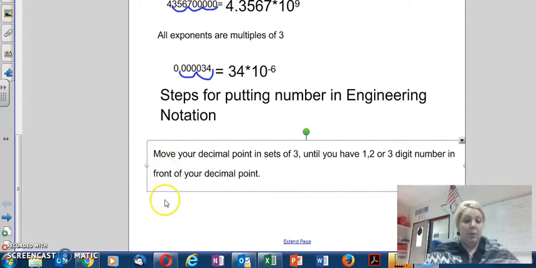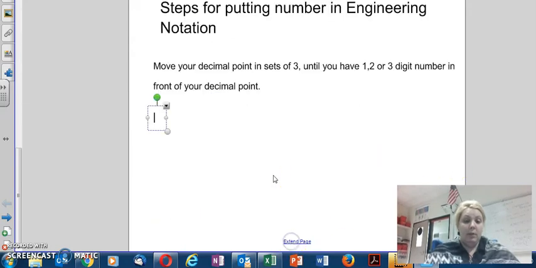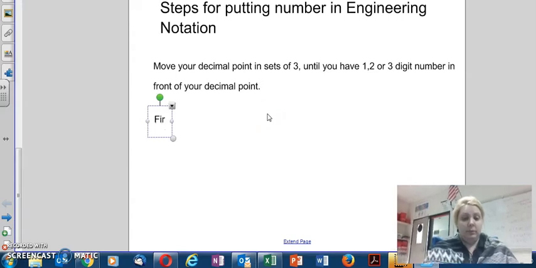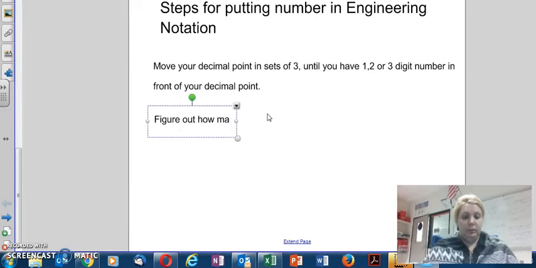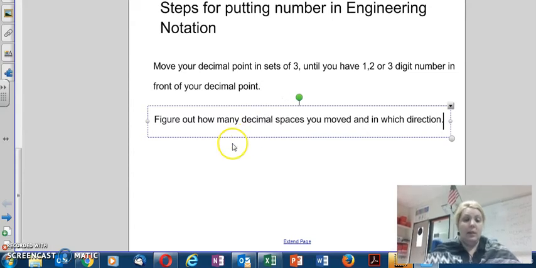Step number 2 is to figure out what your exponent is, so figure out how many decimal spaces you moved and in which direction. And honestly, that's it. It's very straightforward.